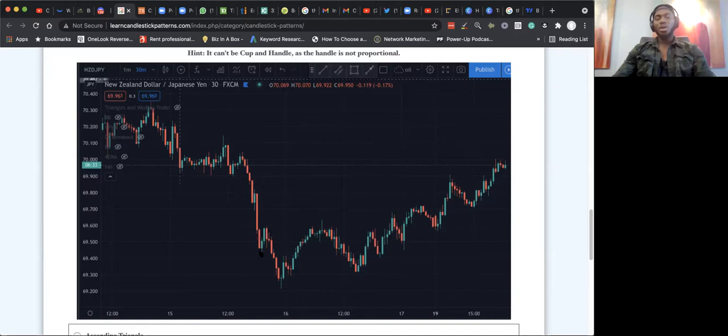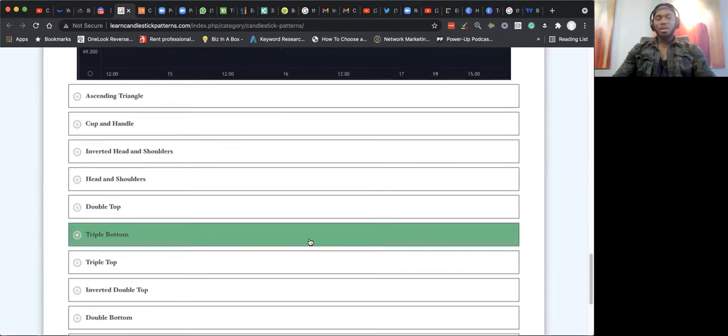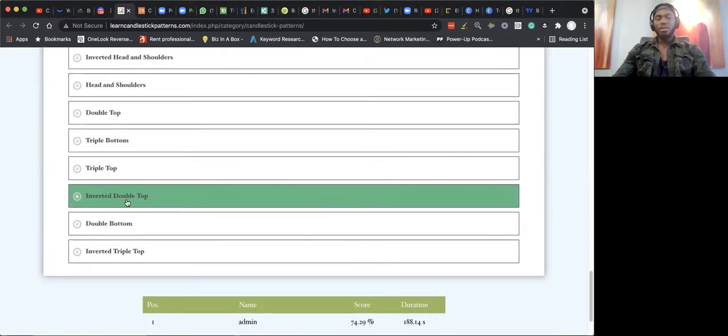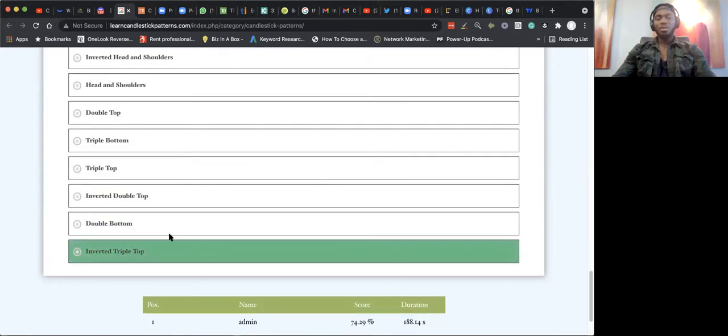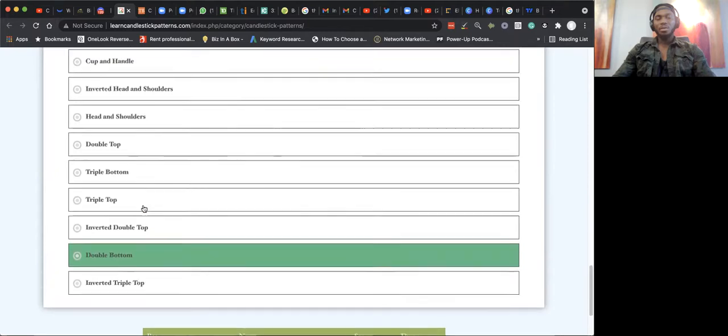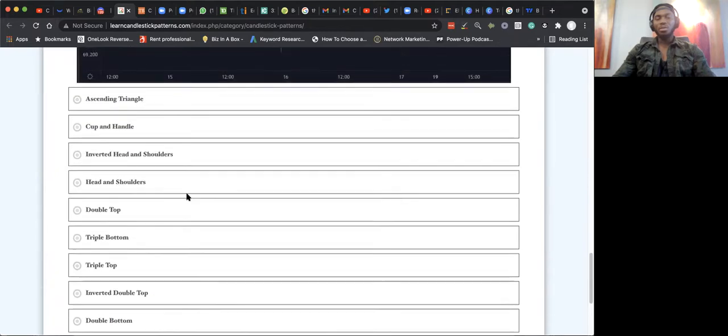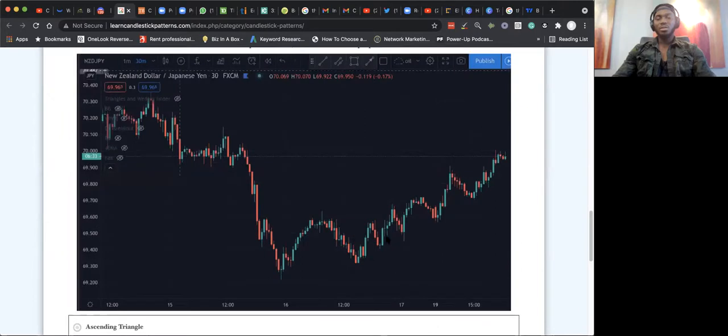So I would call this a bear flag, or let's see, there are two bottoms here for sure before it takes off. So, all right, what kind of options do we have? We have the inverted double top, a double bottom, inverted triple top. There's a triple bottom as well. Inverted head and shoulders.